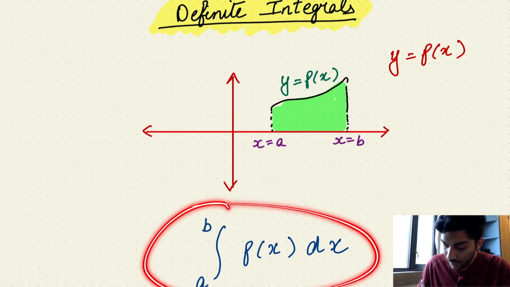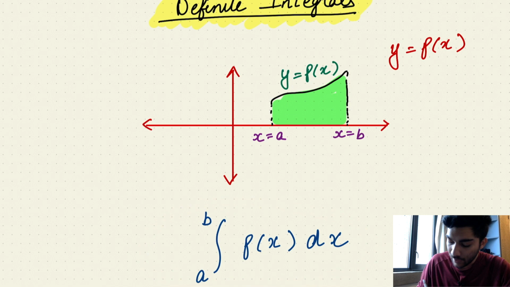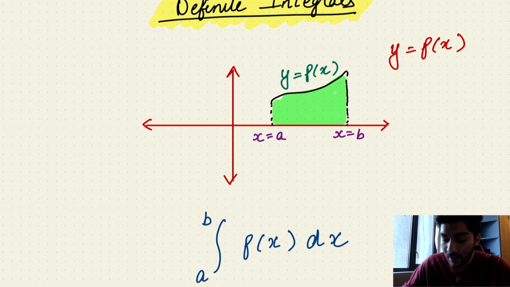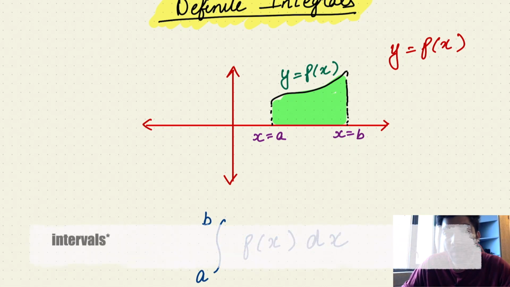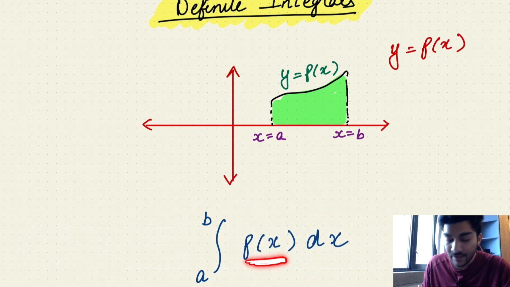Now we'll cover this representation in detail, based on the fundamentals that we covered in the last videos. The expression that you see over here is basically the definite integral of the function f(x) when your x is varying from x equals a to x equals b. When you have to represent the area under the curve of a function which is bounded by two endpoints, you write the whole expression in this form, where f(x) is the function you're taking the area under the curve for.